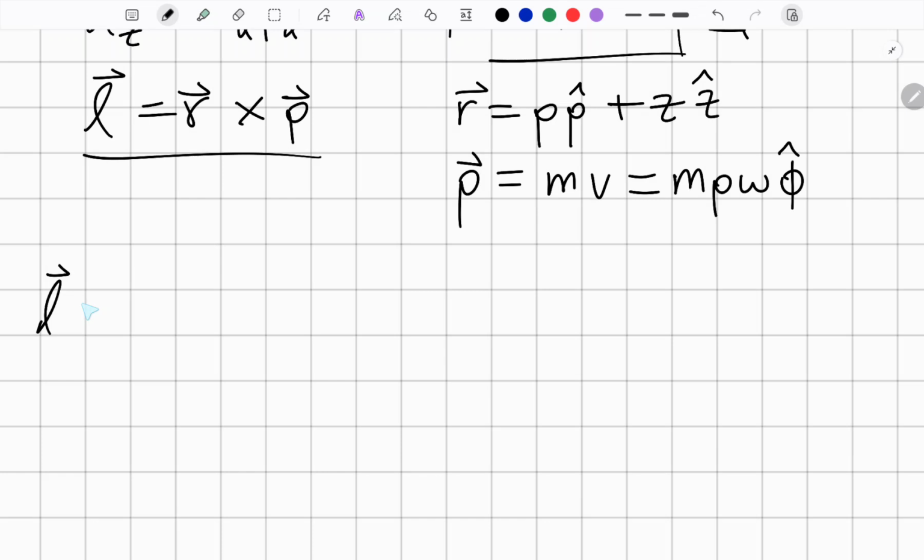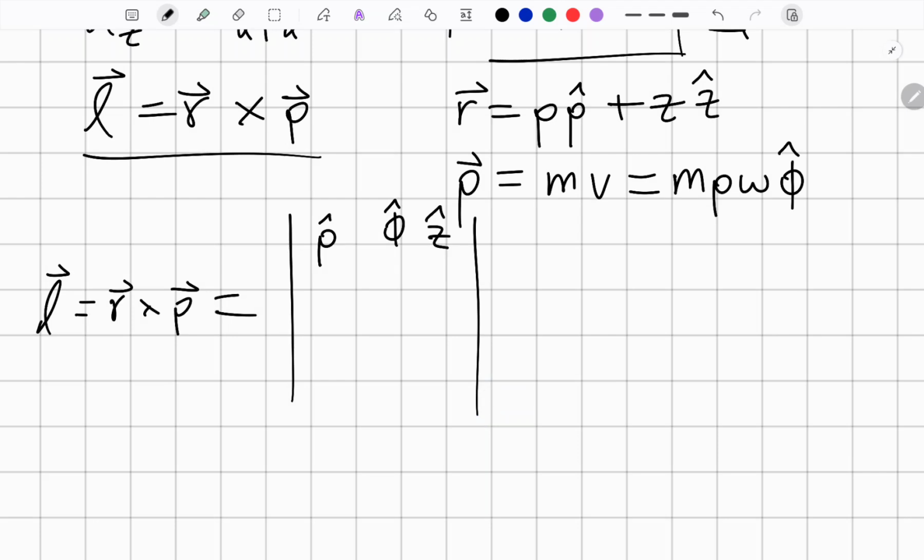So L, our angular momentum, is going to be equal to r cross p, which is going to be equal to the determinant of rho, phi, z, and we will take our components to be rho coming from this position vector up here, 0, z, and coming from this momentum vector, 0, m rho omega, and 0.